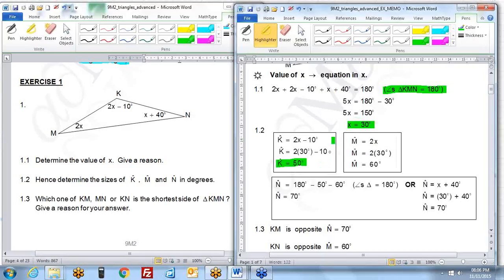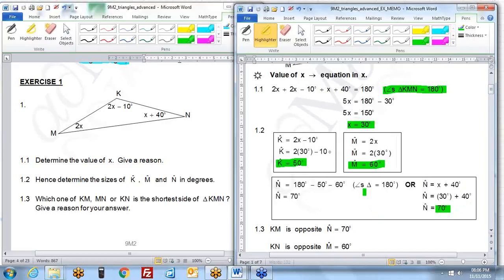Then angle M equals 2x, substitute the x with 30 degrees, and you get angle M equals 60 degrees. And then angle N, x plus 40 degrees, replace the x with 30 degrees, so 30 plus 40 gives you 70 degrees.